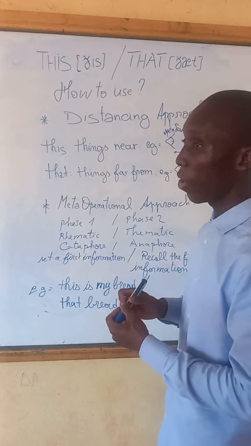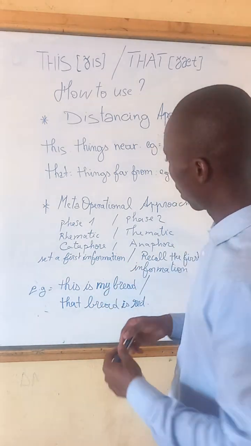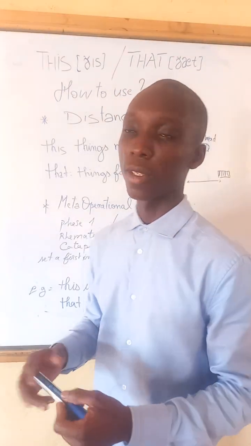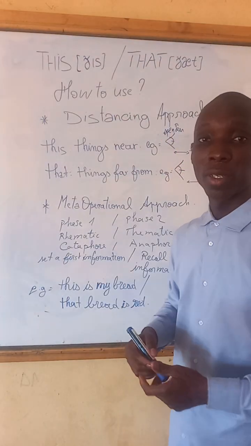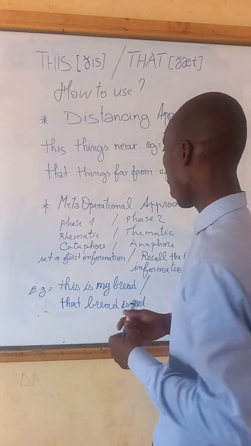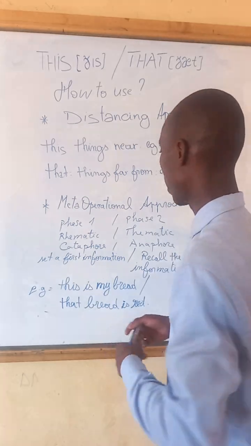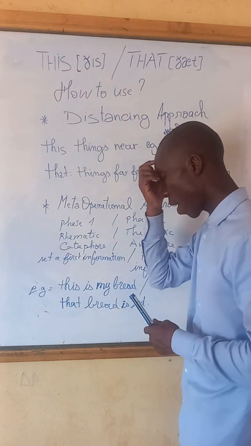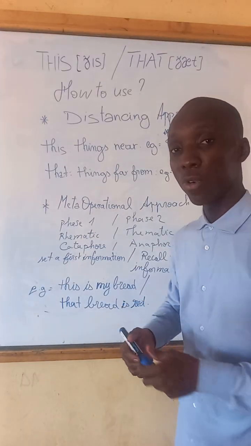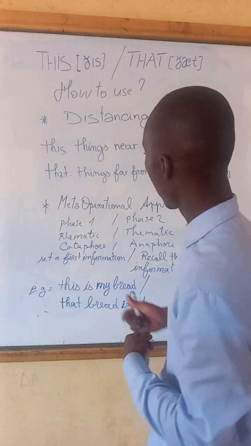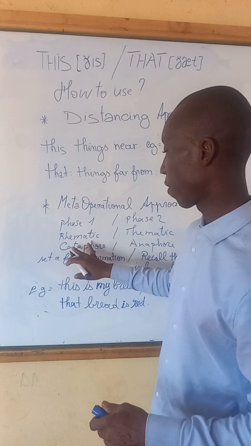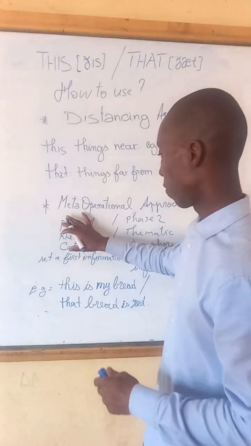The metaoperational approach, we also call it metaoperational grammar, has been elaborated earlier by a French linguist called Henri ADAMCZEWSKI. And according to ADAMCZEWSKI, we need to unleash two binary systems we call phase 1, phase 2.